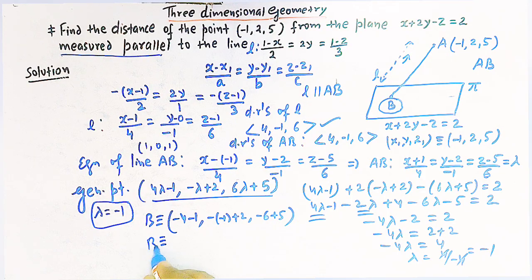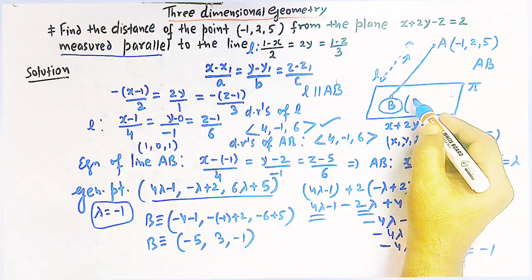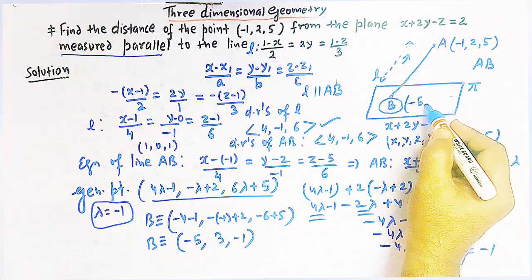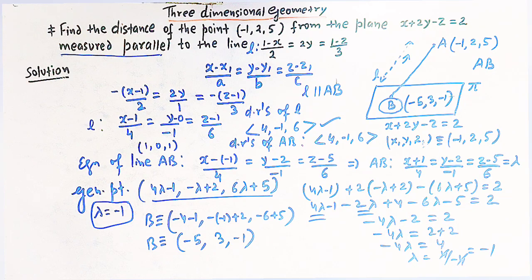So the coordinates of the point B are minus 5. Here we have plus 1, so 2 plus 1 is 3 and 5 minus 6 is minus 1. So here the coordinates of the point B are now minus 5, 3 and minus 1.